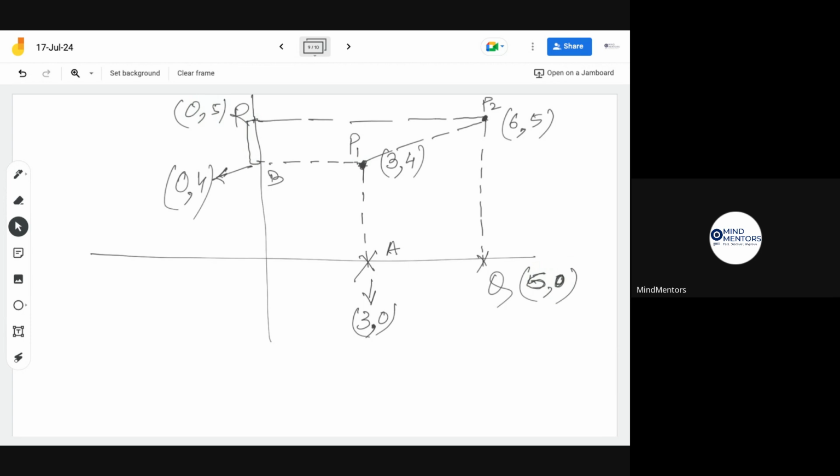So all I have done, I'll change the perspective now a little bit, and I'll draw another diagram, this time with red. So now I have a red triangle.